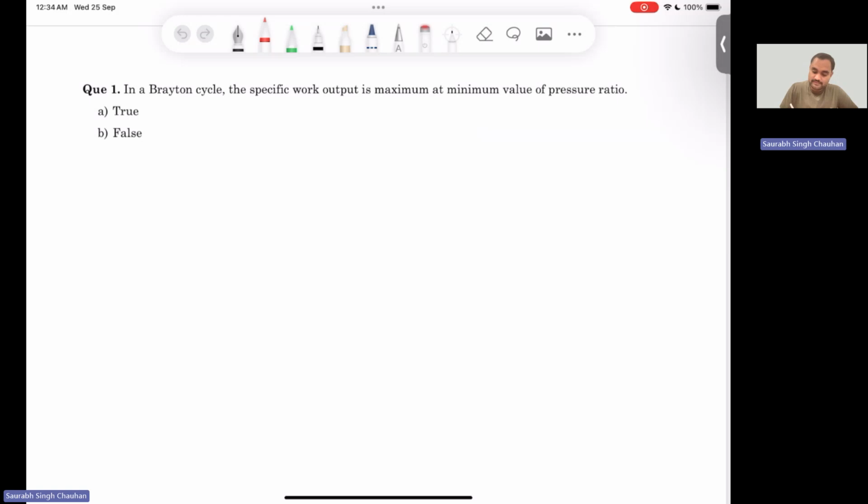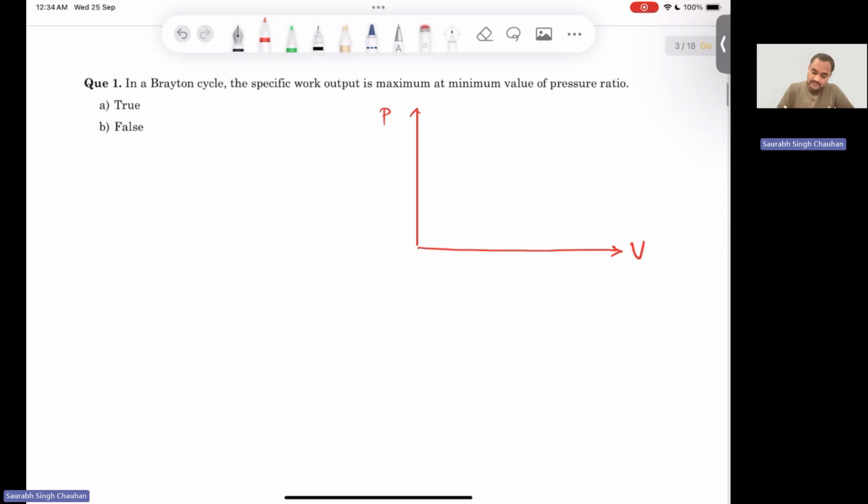So, you know, Brayton cycle, if we make the PV diagram, then we know that there is isentropic compression, then heat addition at constant pressure, then isentropic expansion in turbine.